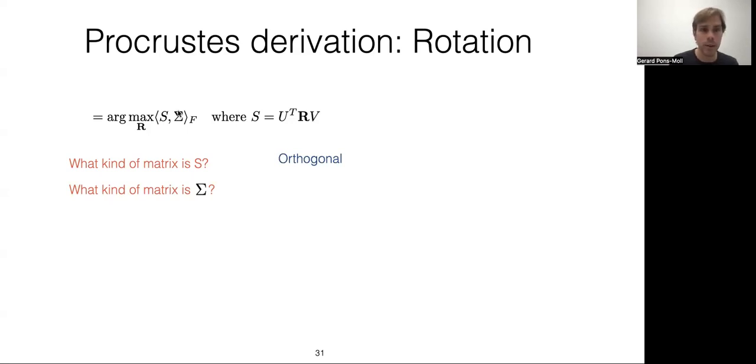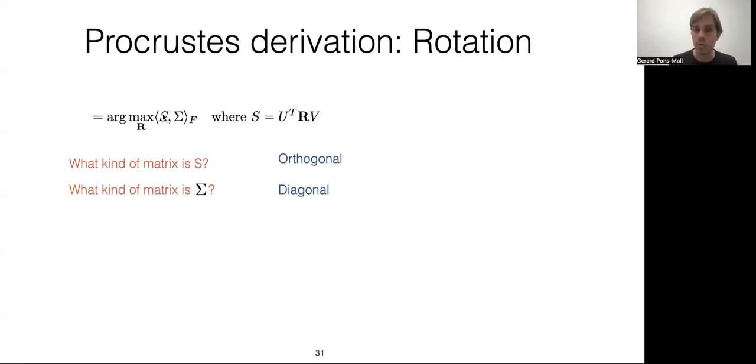And now, how can I set this orthogonal matrix such that it is as close as possible to sigma, which is a diagonal matrix? Well, the best thing you can do is to make it the identity, because you have the constraint that every column has to be unit norm and so on.